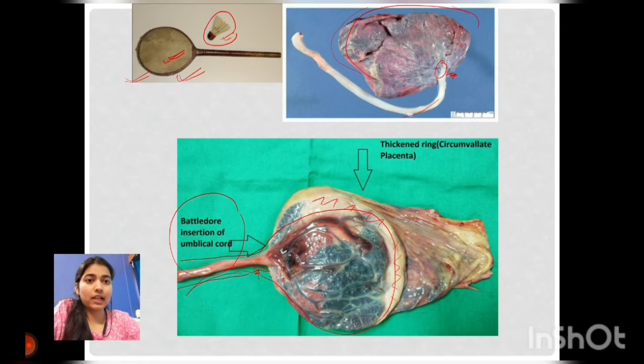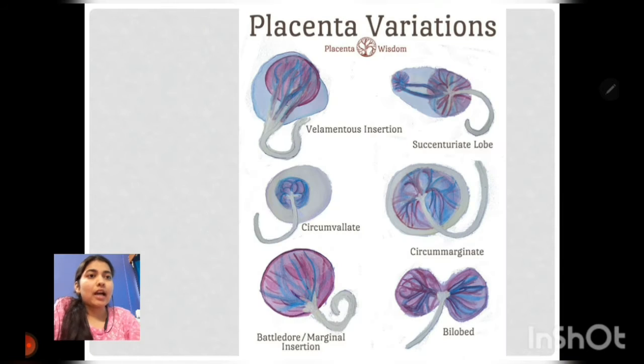Here you can see this diagram: the thickened ridge is circumvallate placenta. The valve-like thickness is present here. This is known as circumvallate placenta. And placental variations: filamentous insertion, where the cord is attached to the membranes. Succenturiate lobe, in which there is connection with the blood vessels.